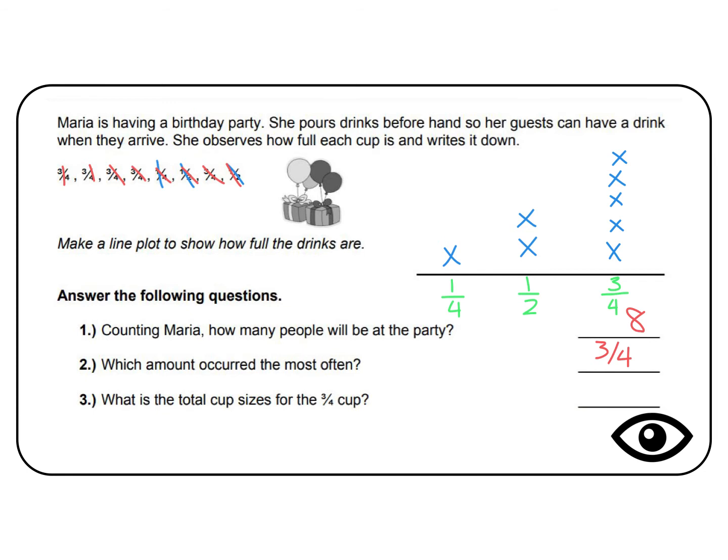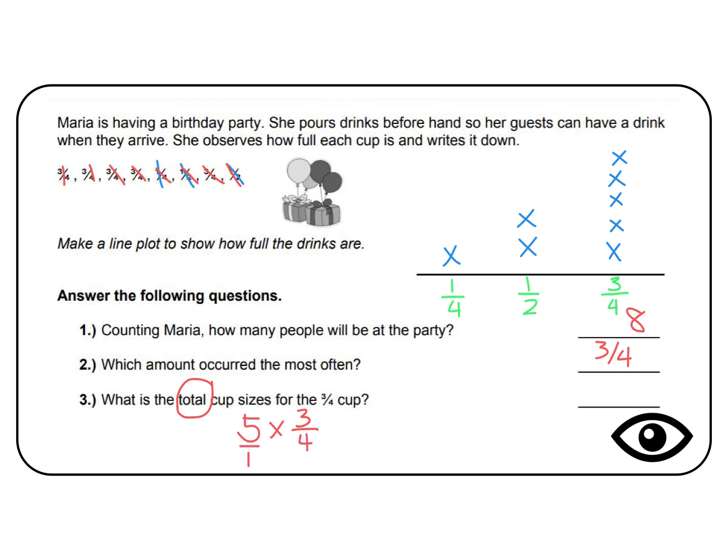And question number 3 says, what is the total cup size for 3/4? That means how much total liquid was there for 3/4. That means I have 1, 2, 3, 4, 5 times 3/4 in order to find the total.